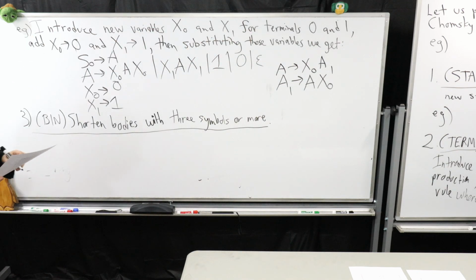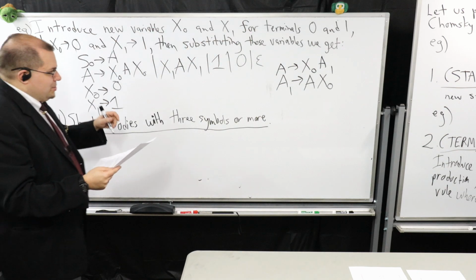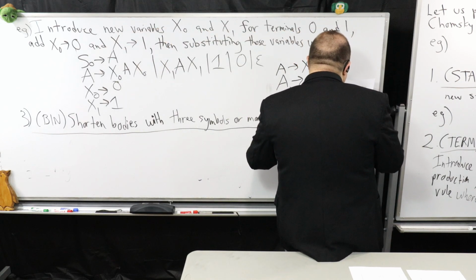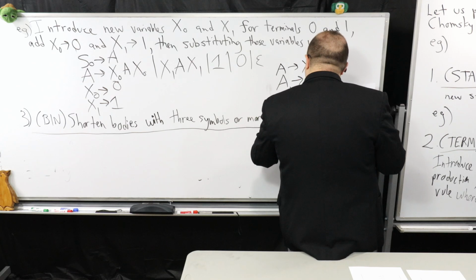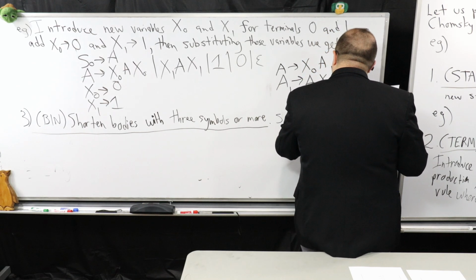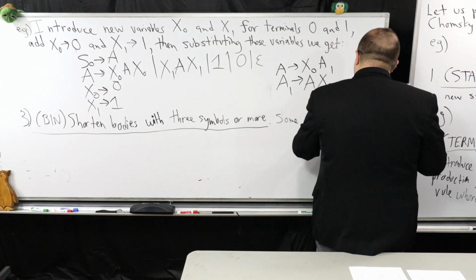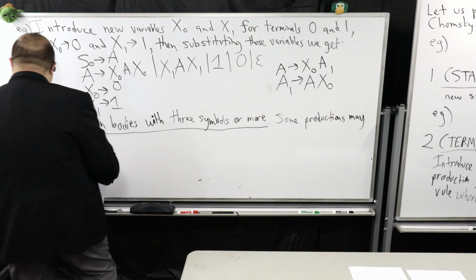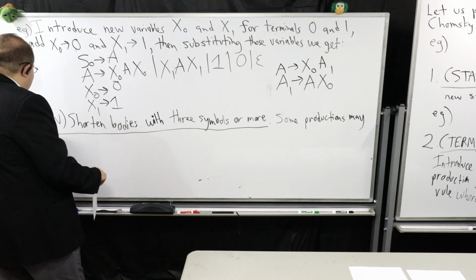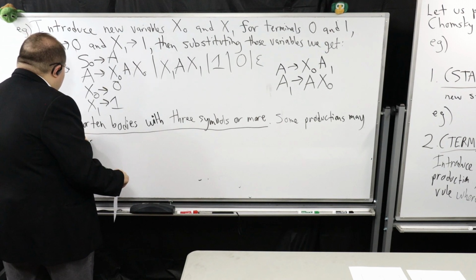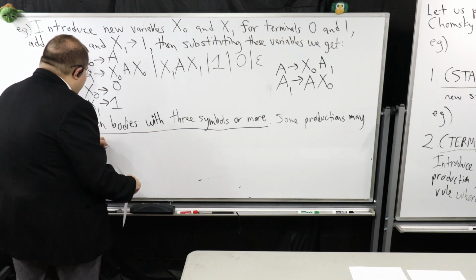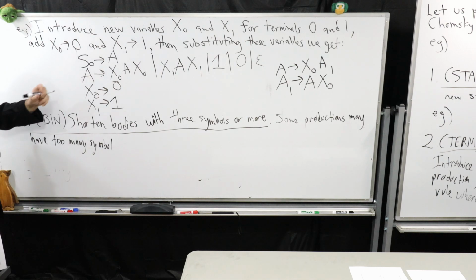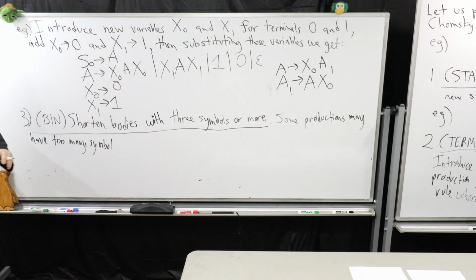So let me write out how you do this more generally, and we'll come back to our example here. Some productions may have too many symbols. And I must stress that this process I'm going to describe, you can do it even when there are terminals present in the production rules. The rules still apply.